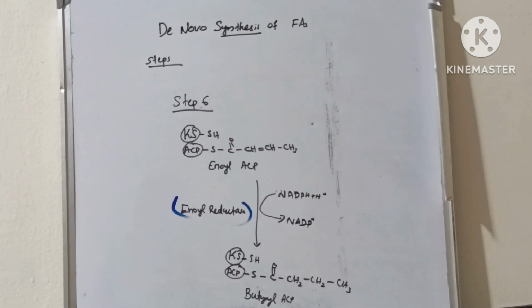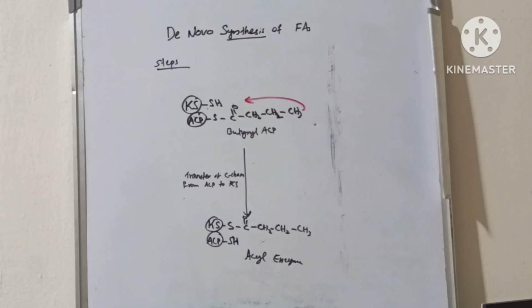There is removal of one molecule of water and forms enoyl ACP. Step 6 is second reduction by enzyme enoyl reductase. Here NADPH plus H plus is required and forms butyryl ACP and NADP. Then there will be a transfer of carbon chain from ACP to ketoacyl synthase and forms acyl enzyme. So this site is now free to accept the malonyl group of malonyl-CoA.